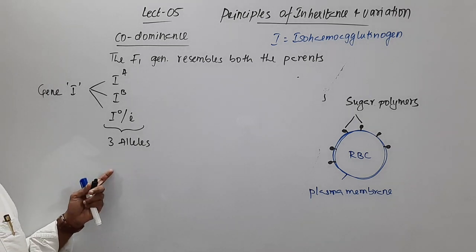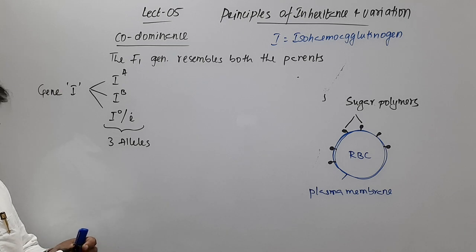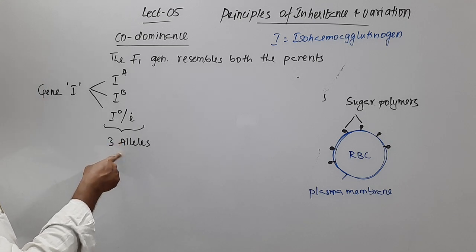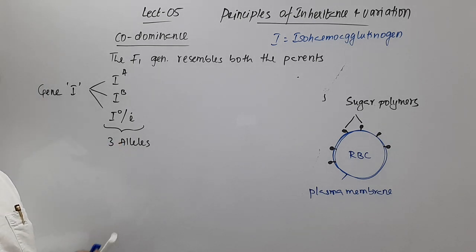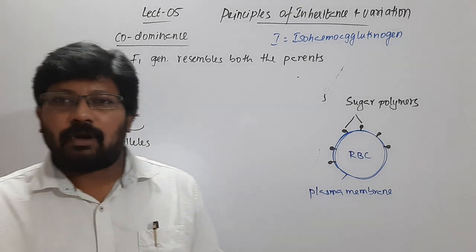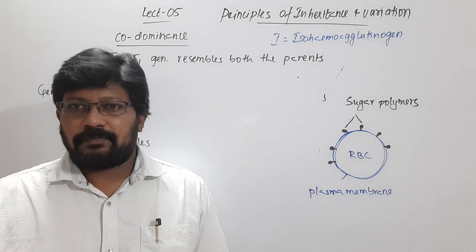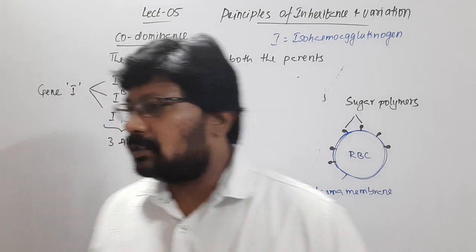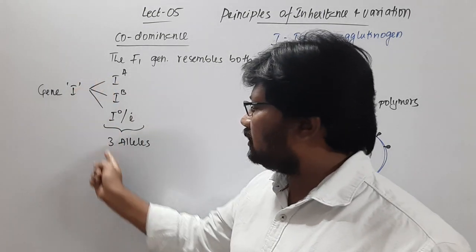So in the last session, I told this, in a diploid organism there will be two copies of each gene as a pair of alleles. But how have three alleles come up here? So this I'm talking about in the human population, not in one individual. If you take one individual, you will find only two out of these three.